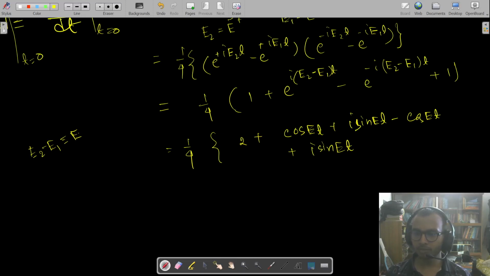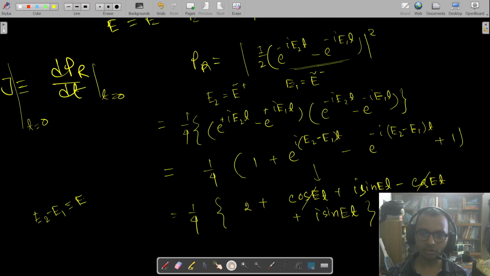The reason I'm spooked is because if we proceed in this manner, the cos Et part goes away. What remains is the i sin Et part. Now, it makes the whole expression complex. That should not be the case because we are taking the mod square. There has to be something wrong in this calculation. Let me check.